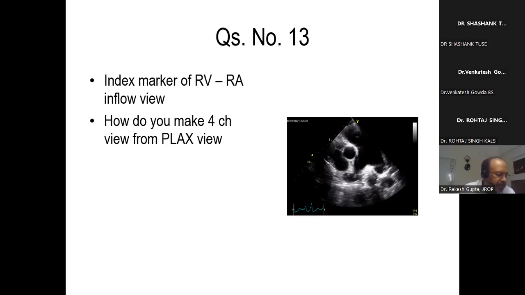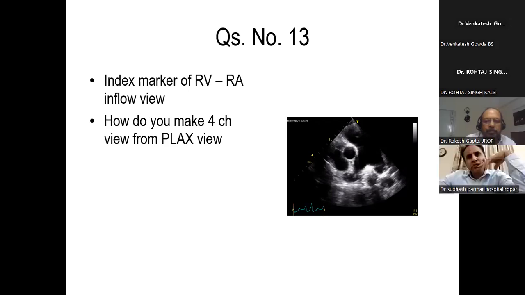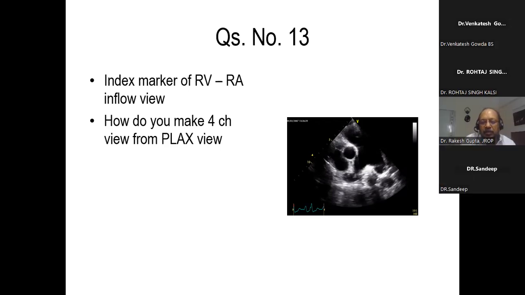Dr. Sandeep from Delhi. How do you make this view? Sir, from the parasternal long axis view, clockwise rotation of the probe about 90 degrees, with the probe pointing toward the patient's left shoulder. Good. As we see the RVR inflow view, this is the pulmonic artery outflow view.